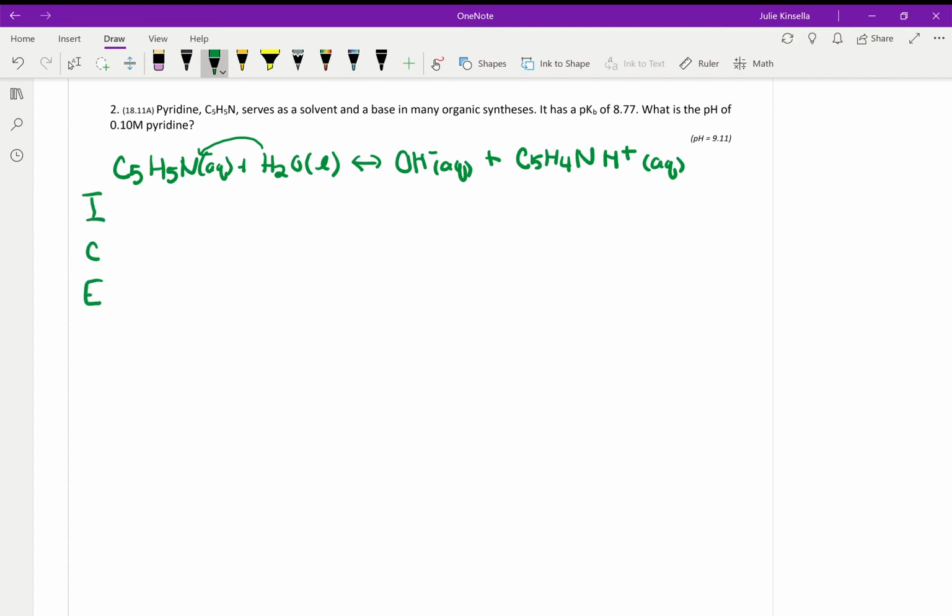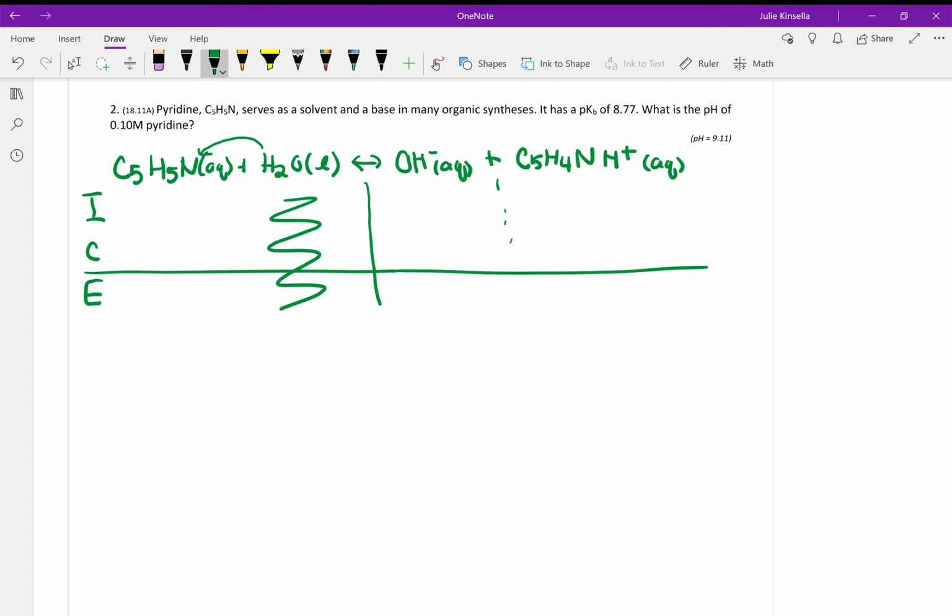I'm going to set up my ice table, taking and removing the water from that. And then we can go ahead, we start with our 0.1 molar weak base, again assuming that we're going to have our 0 concentration of hydroxide, and then there is none of the conjugate acid present yet.